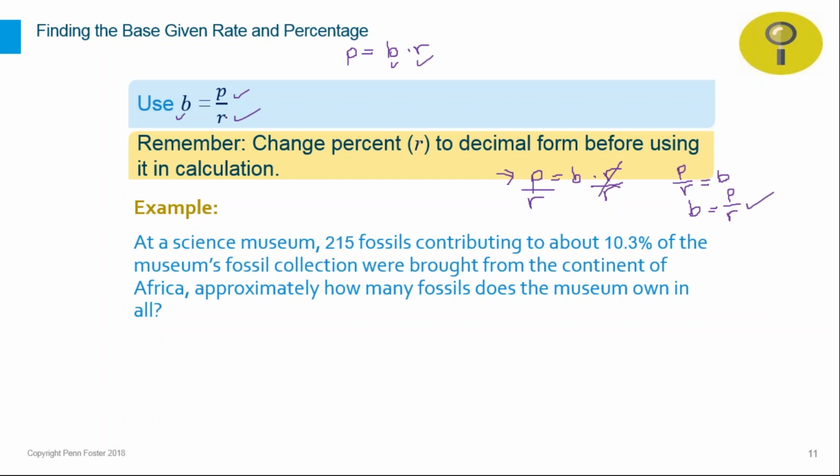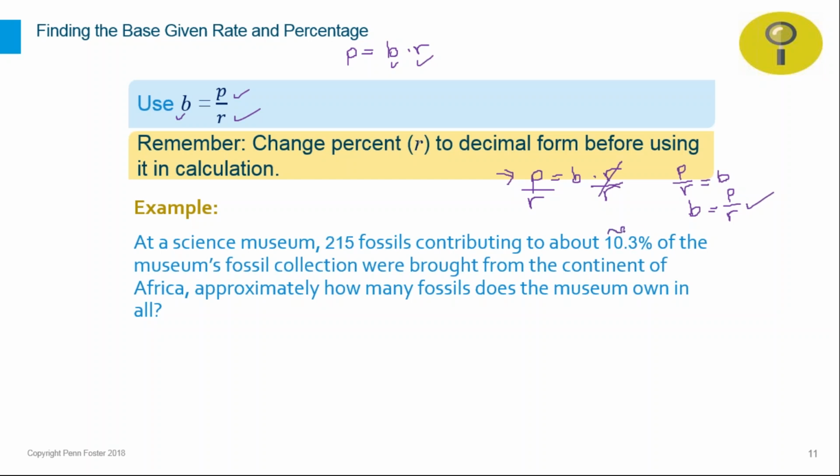Let's read the example and try to extract the information and understand why we assigned certain variables to those values. At a science museum, 215 fossils, contributing to about 10.3%. Okay, so we have two numbers. So 215 contributing to about 10.3%.